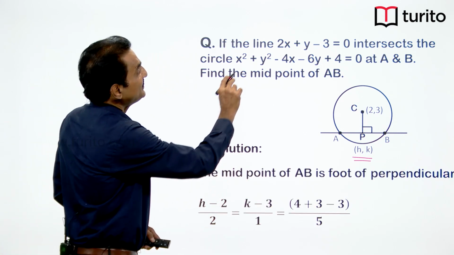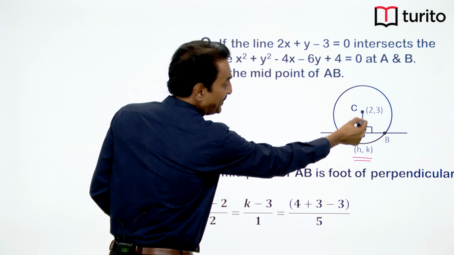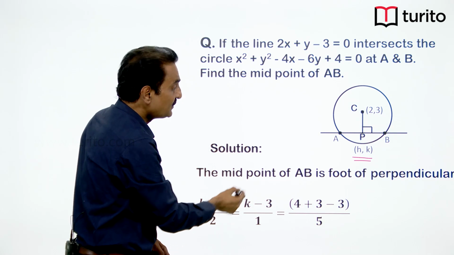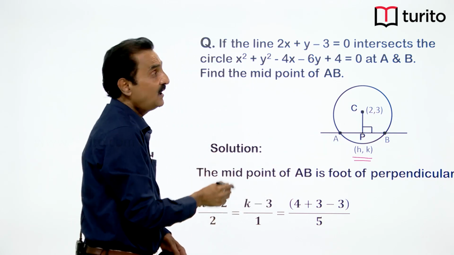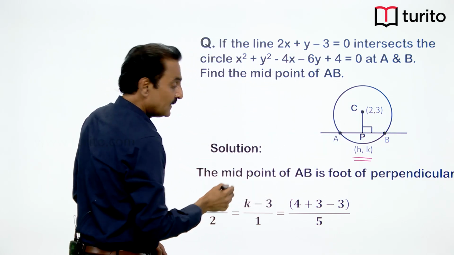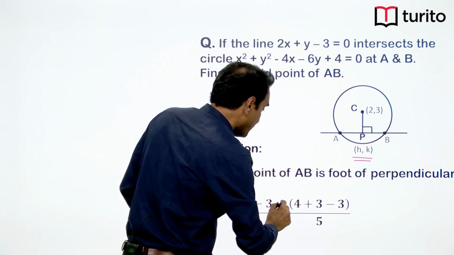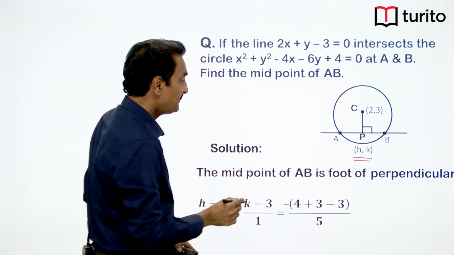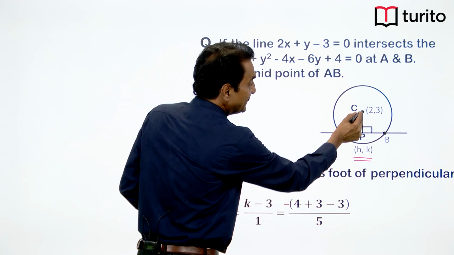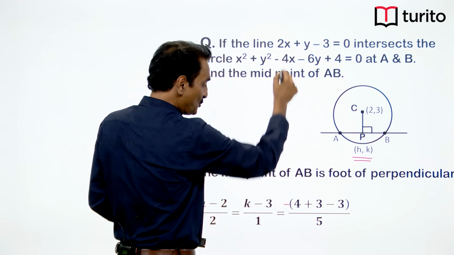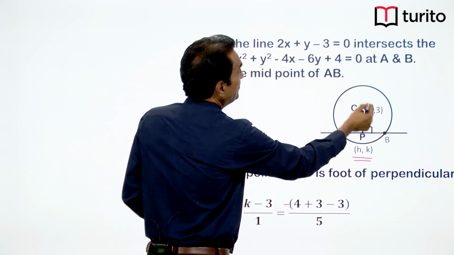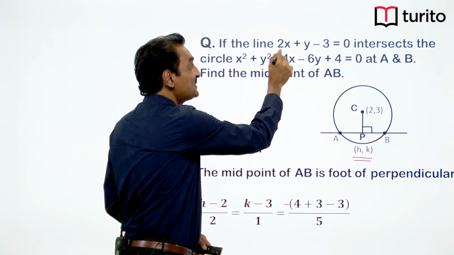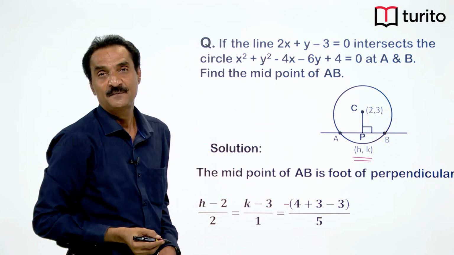h minus 2 upon coefficient of x, 2, is equal to k minus 3 upon 1, is equal to minus of... Substitute 2, 3 in this equation: 2 into 2, 4, plus 3 minus 3, divided by 2 square plus 1 square, that is 5.